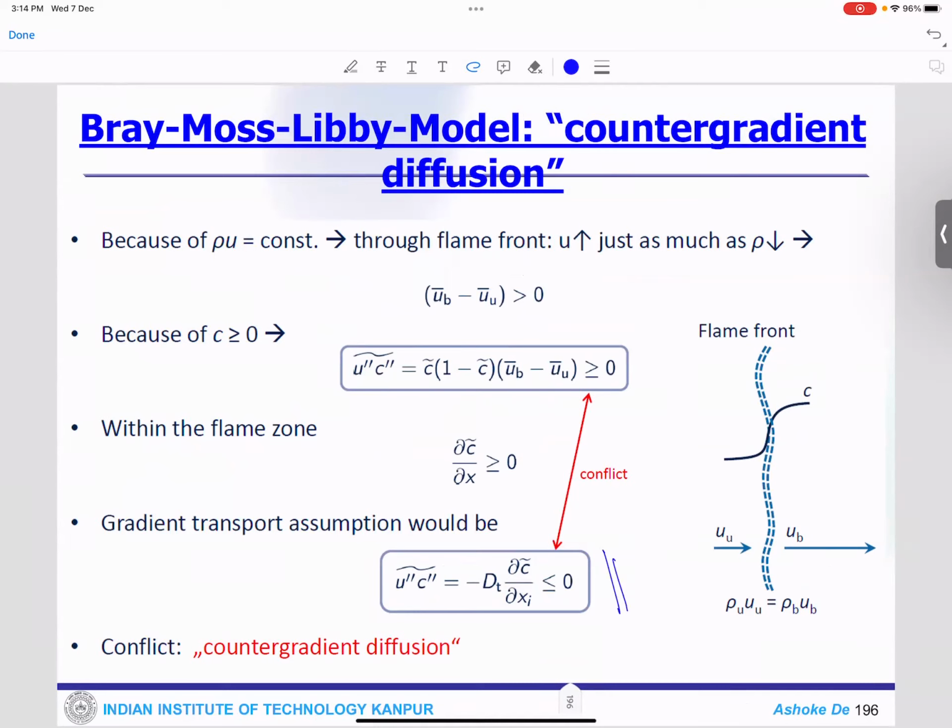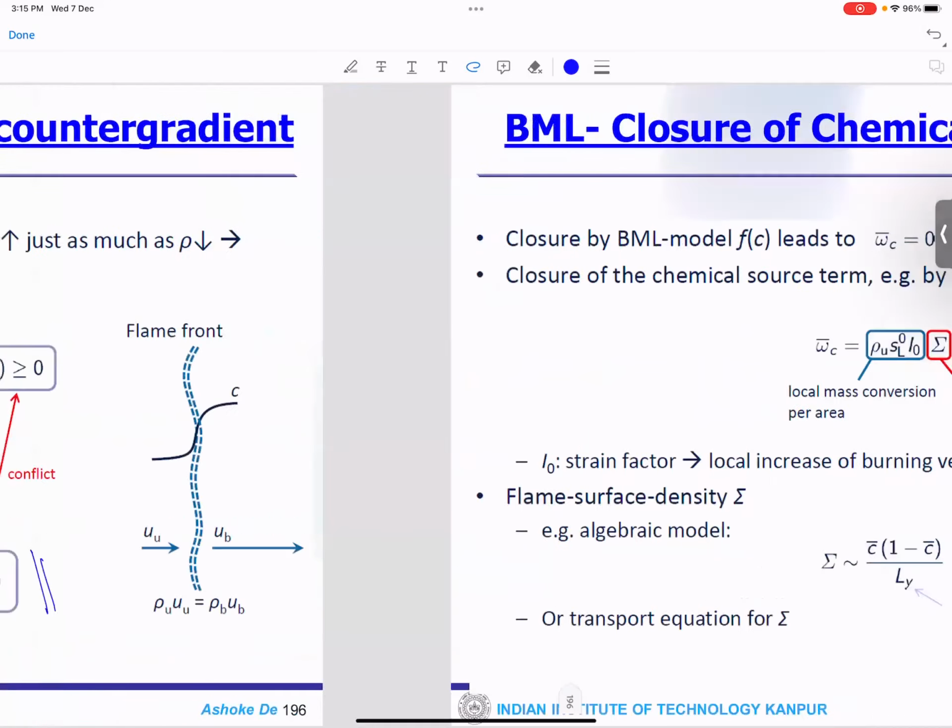But this can sometimes create trouble, because for the closure of this diffusive flux we always use that hypothesis. If counter-gradient diffusion is present, then this is going to be a problem. But this is a very rare situation, and most of the time the gradient diffusion approximation is quite good, and you can carry on with that.